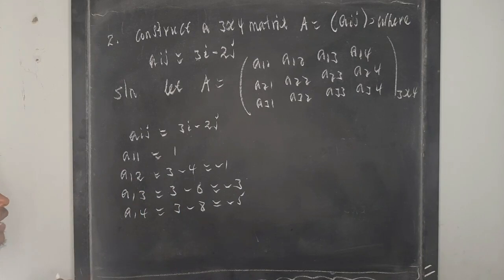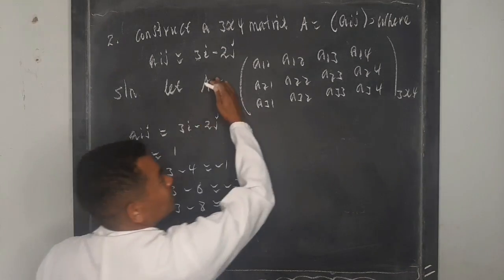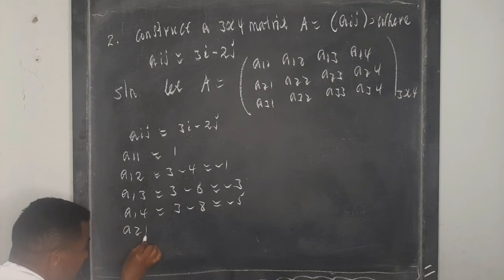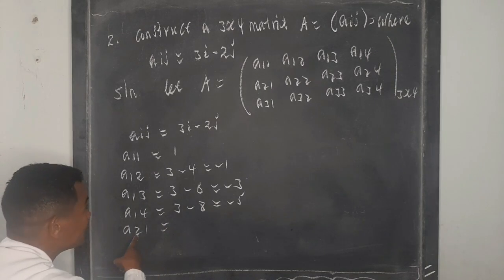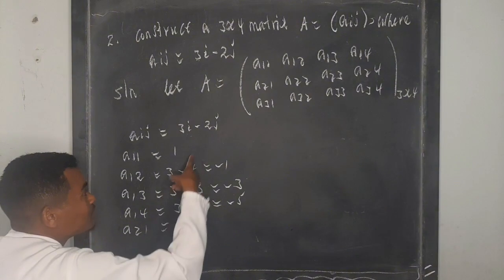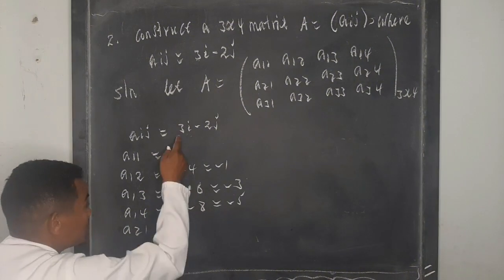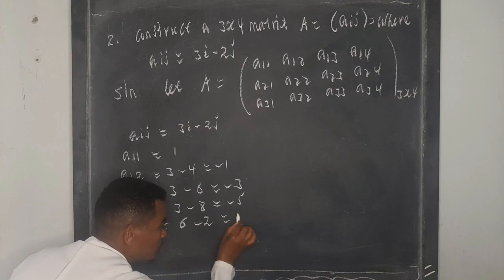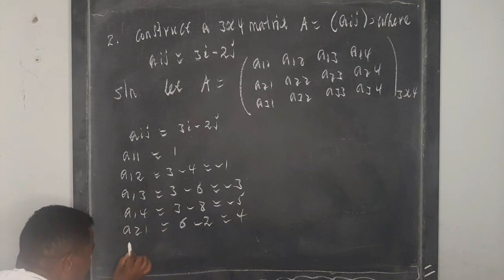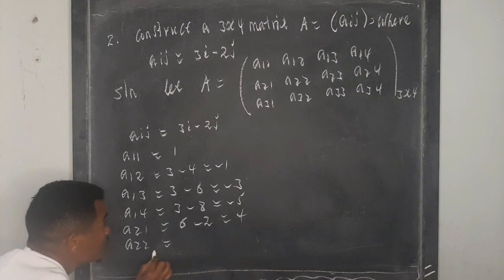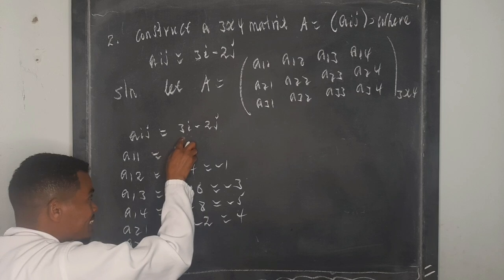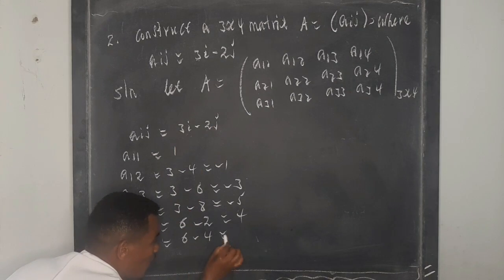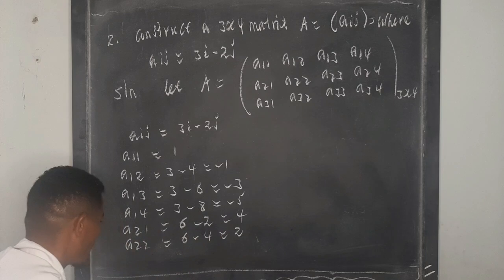We have finished row 1. a21 is equal to 3 times 2 is 6, 6 minus 2 is 4. a22 is equal to 3 times 2 is 6, 2 times 2 is 4, that is 6 minus 4 which is equal to 2.